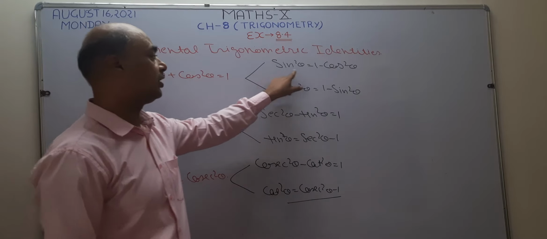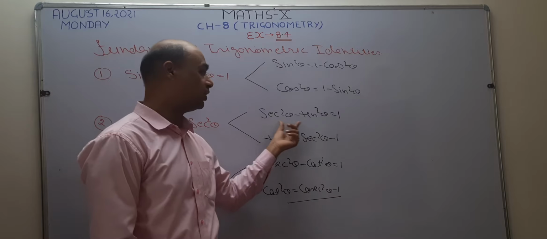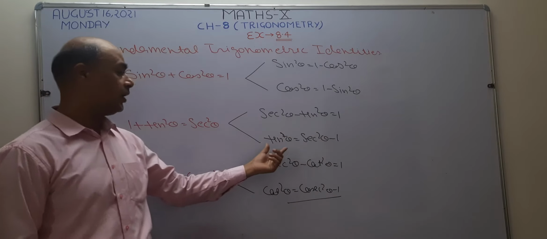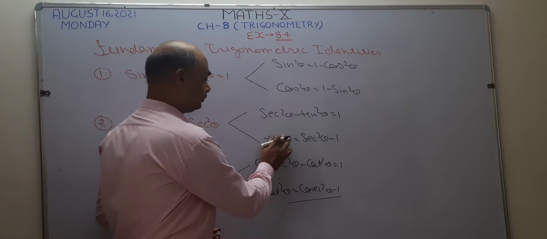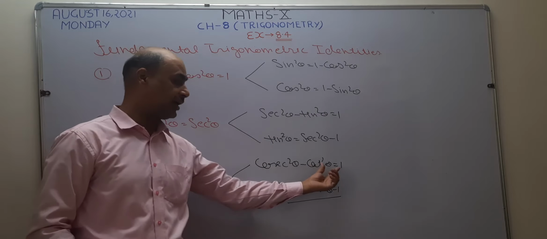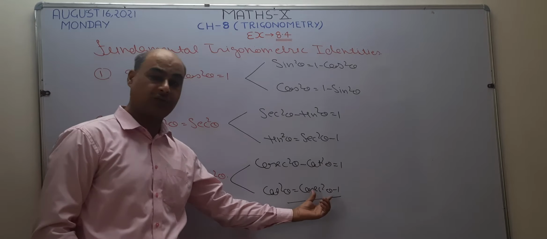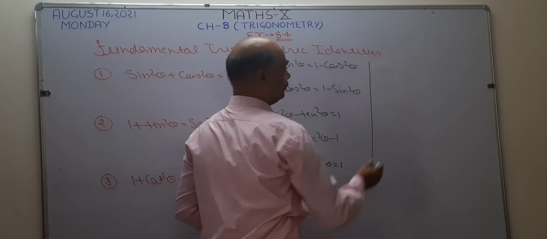First one, sin square theta equal to 1 minus cos square theta. Cos square theta equal to 1 minus sin square theta, secant square theta minus tan square theta equal to 1, tan square theta equal to secant square theta minus 1. Now cosec square theta minus cot square theta equal to 1, cot square theta equal to cosec square theta minus 1. You have also done its reciprocal.